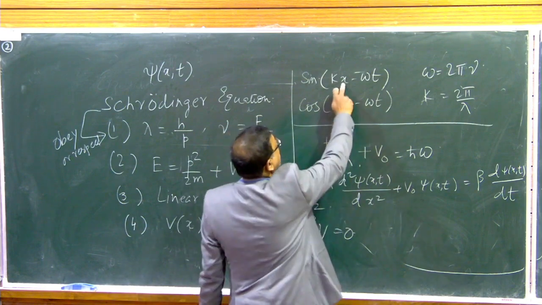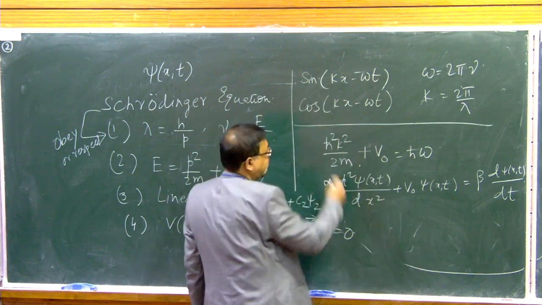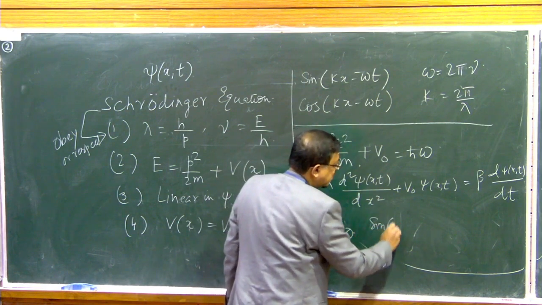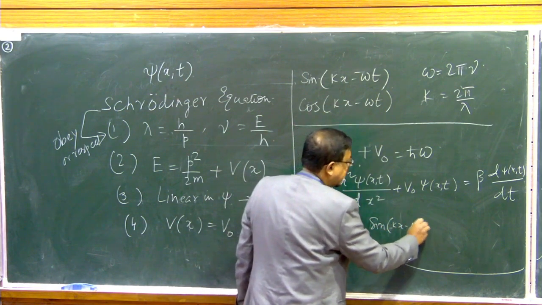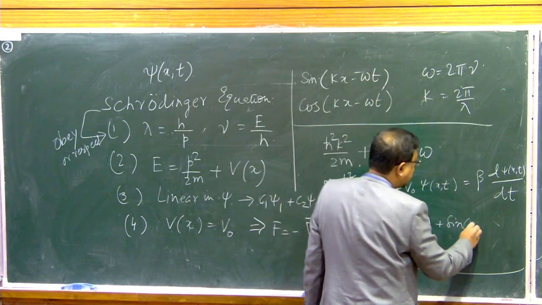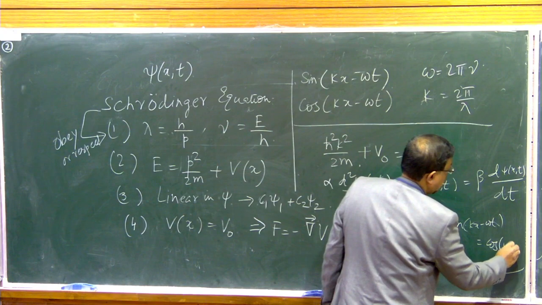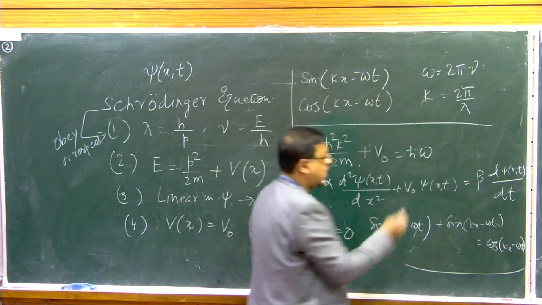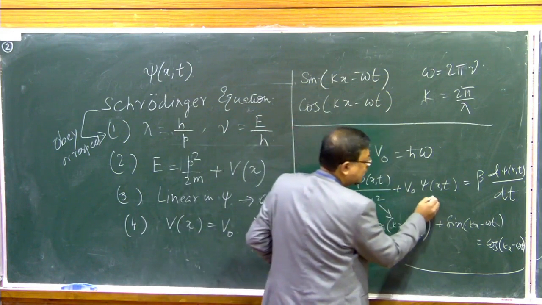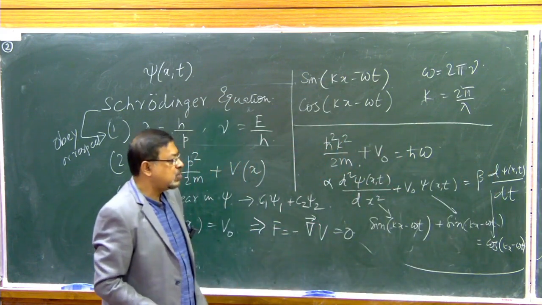Now, if you take one of these, say sine, then I'm not writing down everything, but the second derivative with respect to space would give me a sine(kx minus omega t) with, of course, k squared. This is sine again, but d psi dt will become cos, because I take a derivative with respect to t.